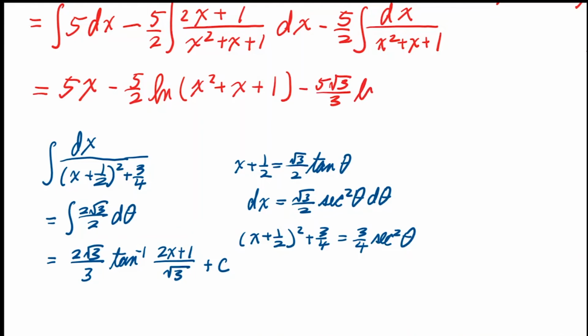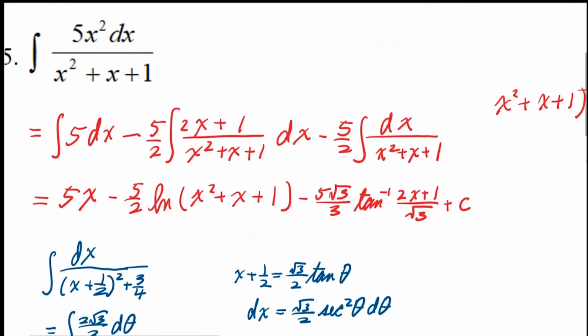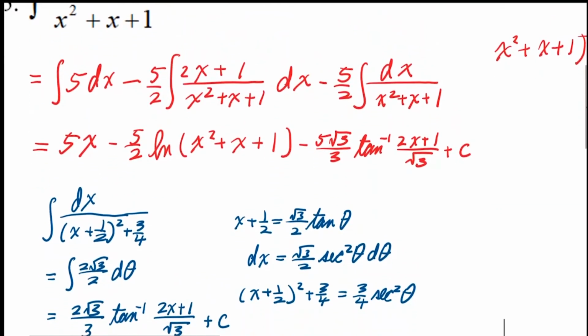And then inverse tangent of 2x plus 1 over root 3 plus c. How about that? Isn't that about the most hideous thing you have ever done, or what? Yeah. Okay, moving down. Questions?